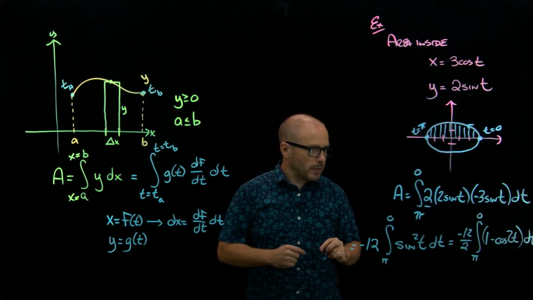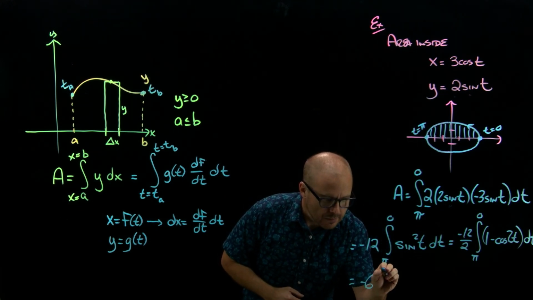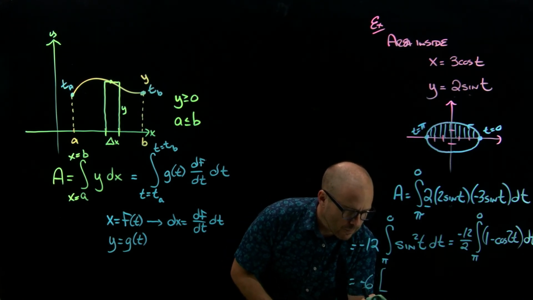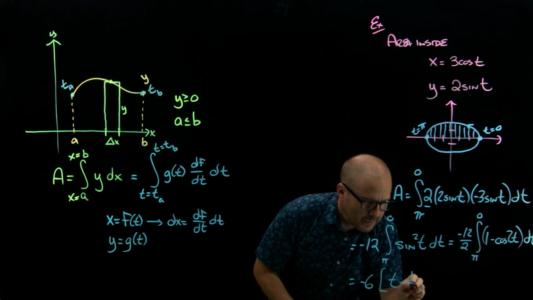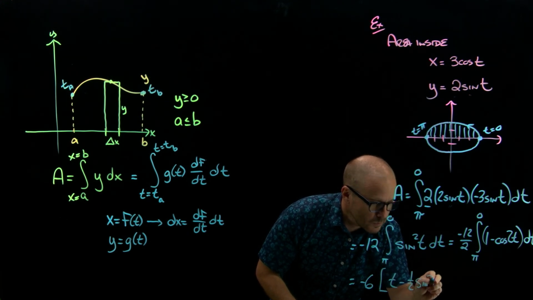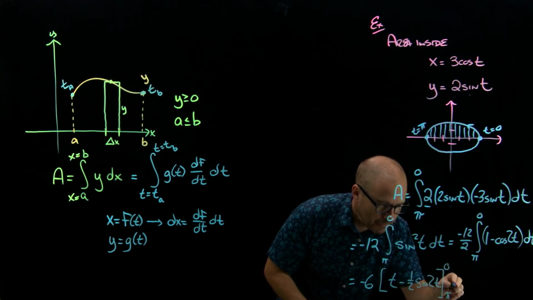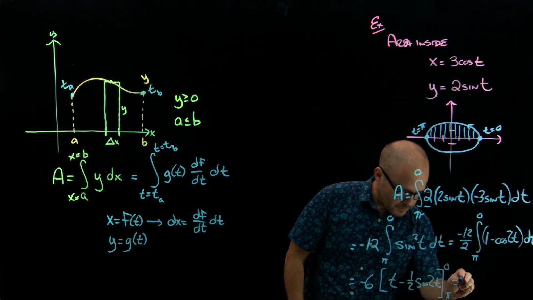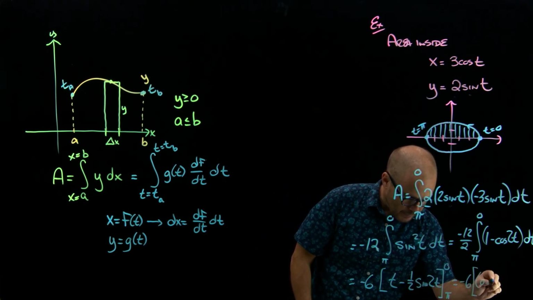And then now we can integrate. So that's -6 times the integral, which is t minus 1/2 sine 2t, from pi up to 0. 0 into there is 0 minus 0. So we have -6 times 0 minus 0.